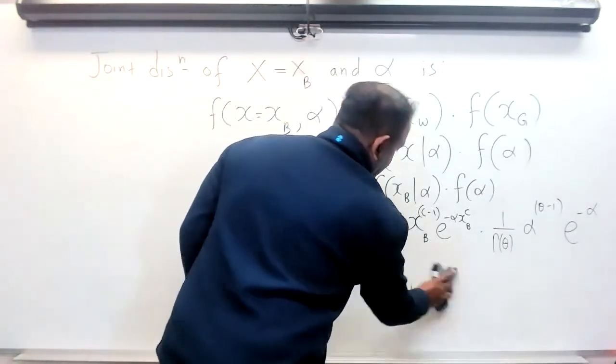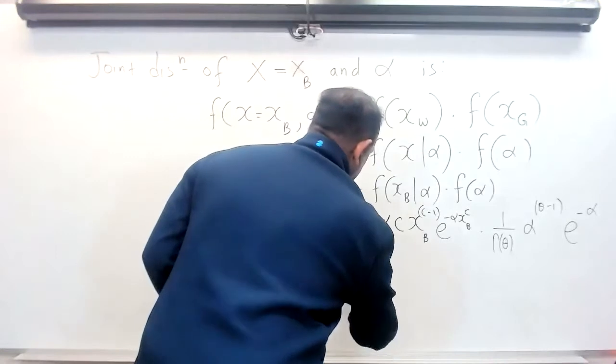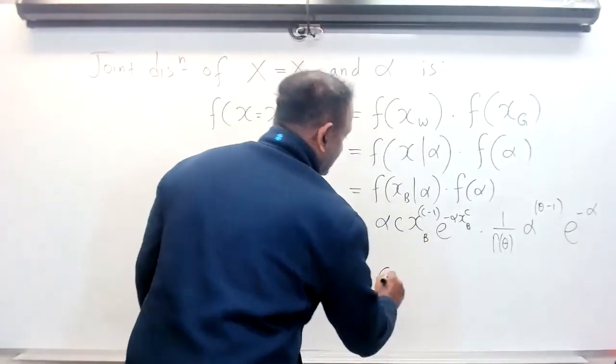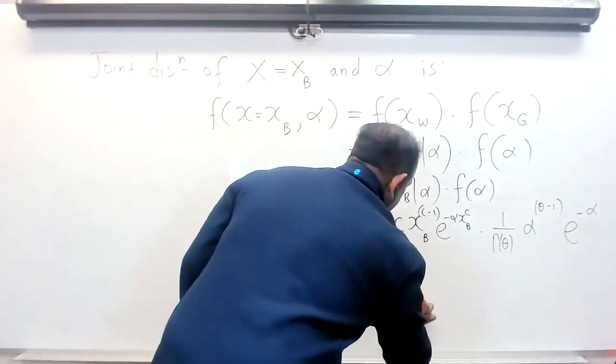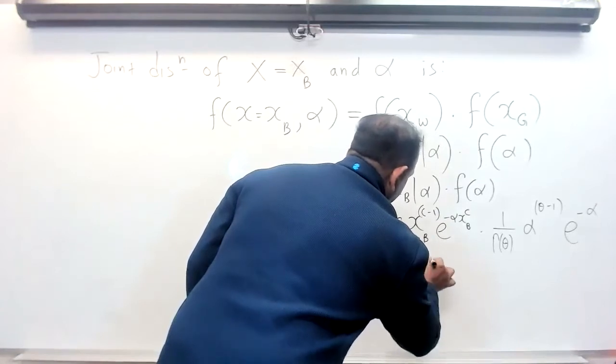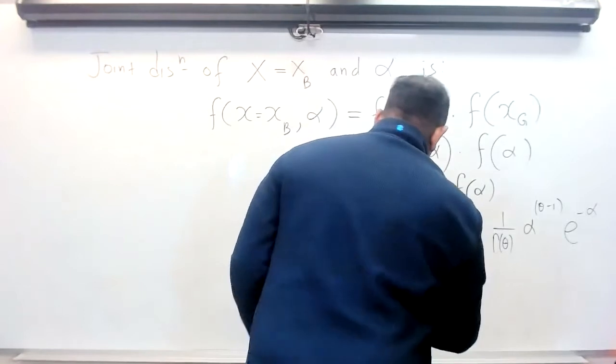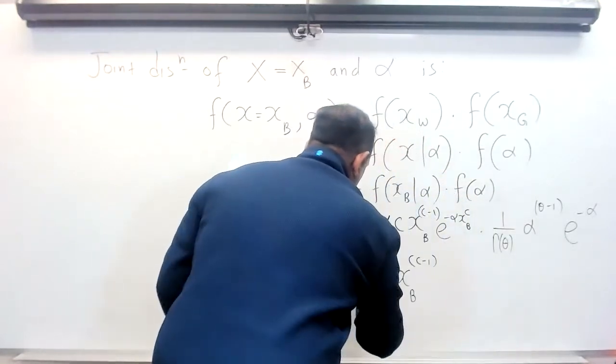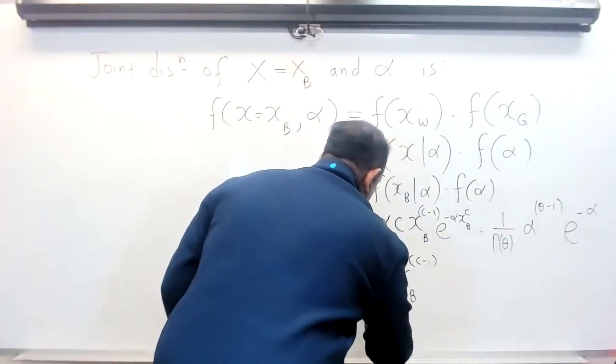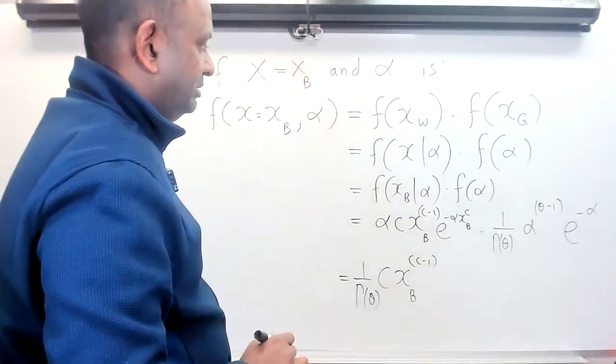So I get the c, I need xb to the power of c minus 1, and I need 1 over gamma theta, which I can pull out.